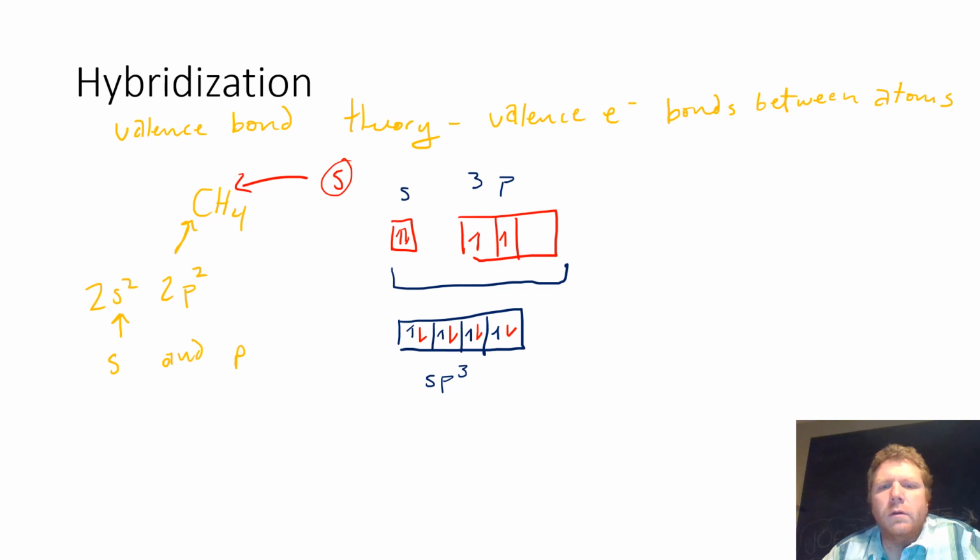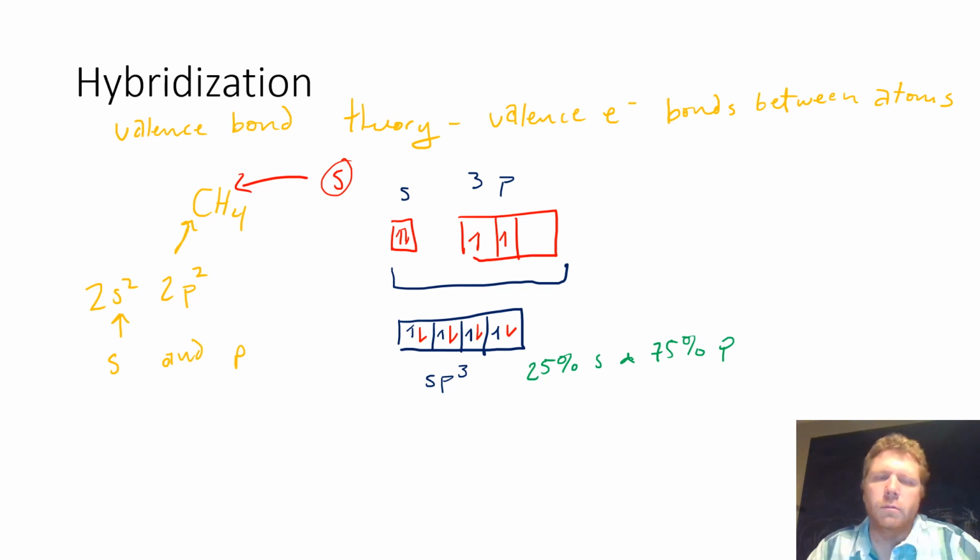Because the sp3 hybrid orbital is basically 25% s and 75% p, it has s character, so the electron in the s orbital of hydrogen is able to be shared.